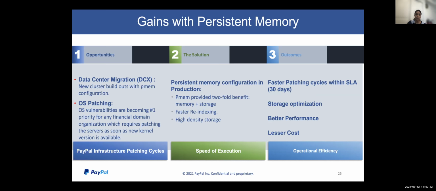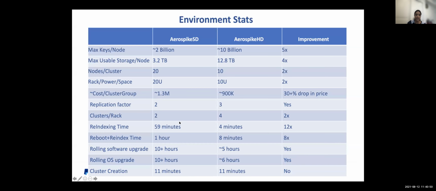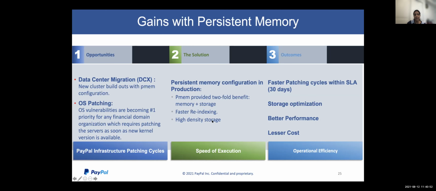With PMEM, we are able to patch all the servers within our SLA. That was a major influencer. We are able to do so because the re-indexing time has improved and the storage density for our clusters has increased. So now we have a lesser number of nodes to patch, which is a lower operational cost for us.